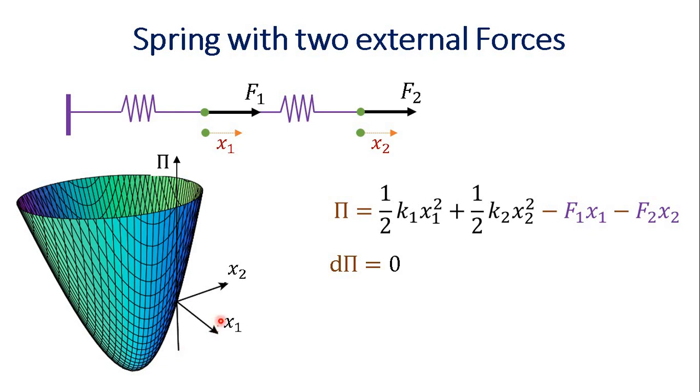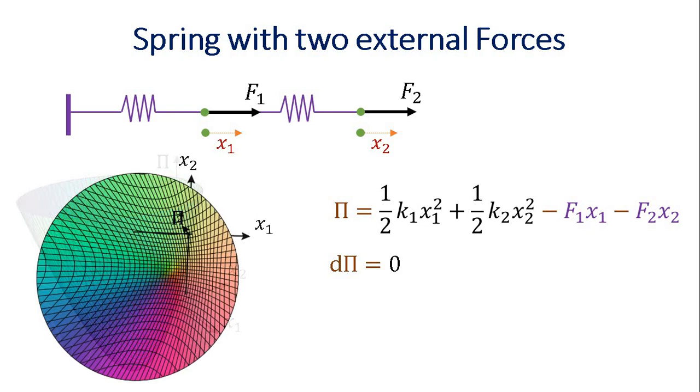So how do we find the actual displacement x1 and x2 where the potential energy is minimum? This is the top view of the same graph. Here we are concerned with this point where the pi is minimum. So in order to get this coordinate x1 x2, we take the help of partial derivative. First we do partial derivative of pi with respect to x1.